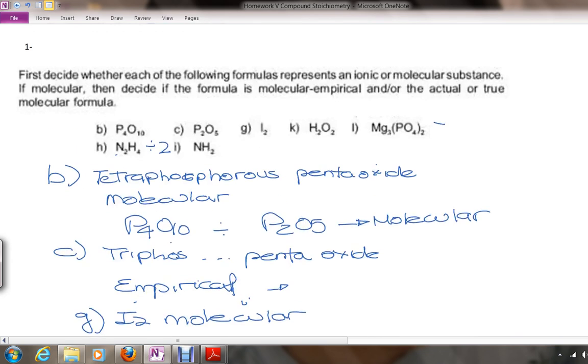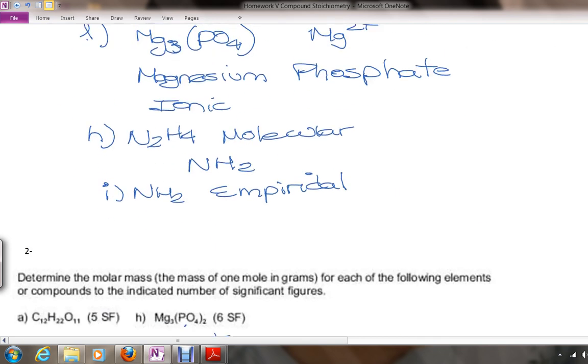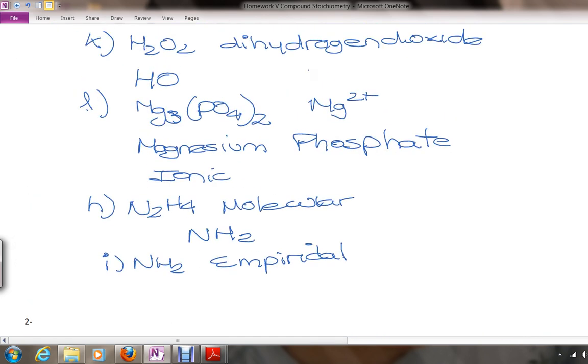When I said magnesium phosphate, I missed the 2 here. The charge of magnesium is 2 and the phosphate is -3. You cross multiply. You see it is magnesium PO4 2.